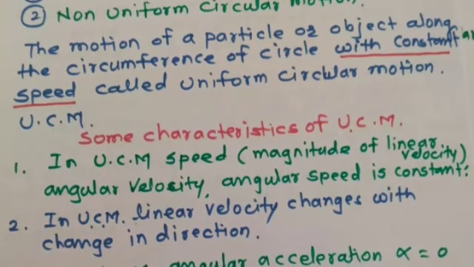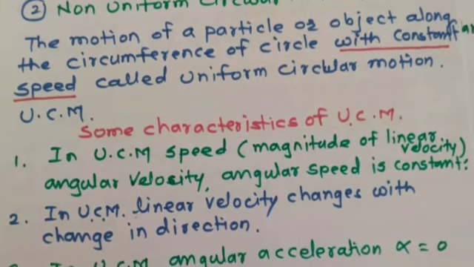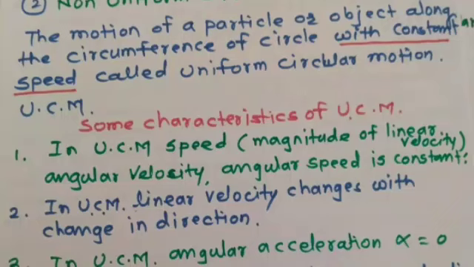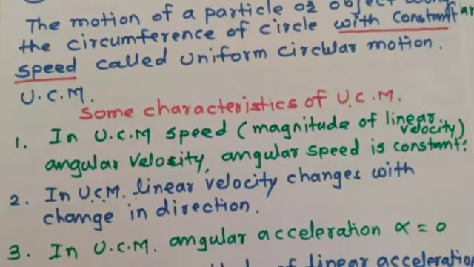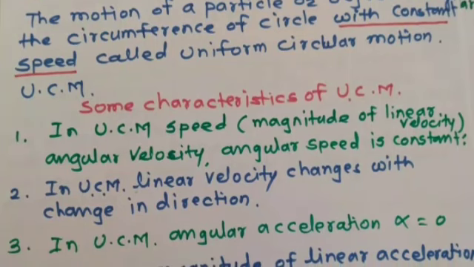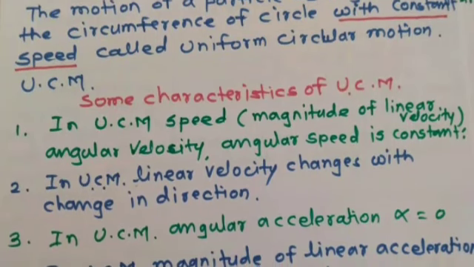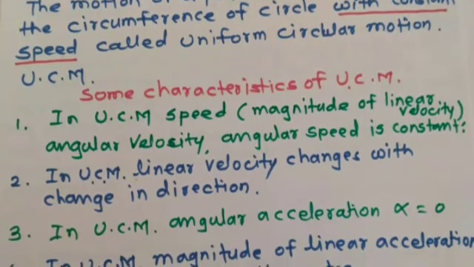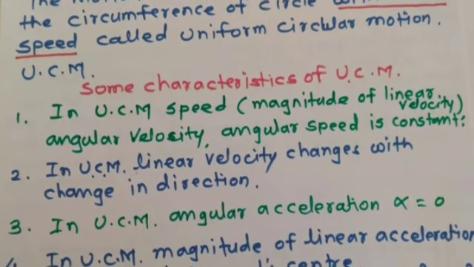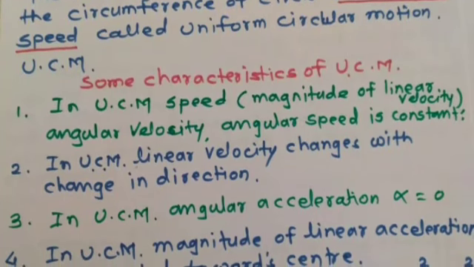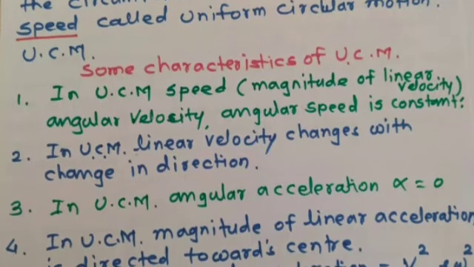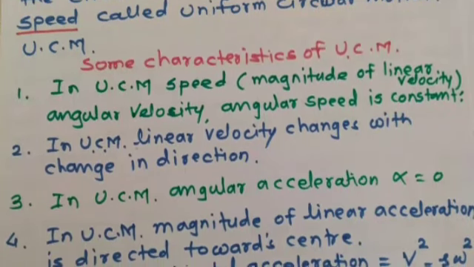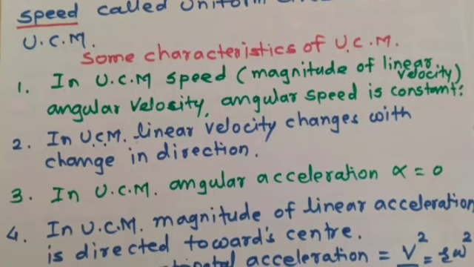Some characteristics of uniform circular motion: number one, in uniform circular motion, speed, meaning the magnitude of linear velocity, and angular velocity or angular speed remain constant. In UCM, linear velocity changes with change in direction.